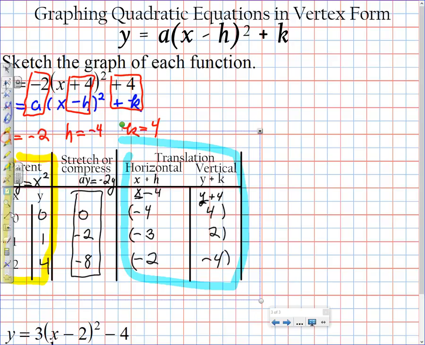Now for the graphing, this is my x-axis and this will be my y-axis.